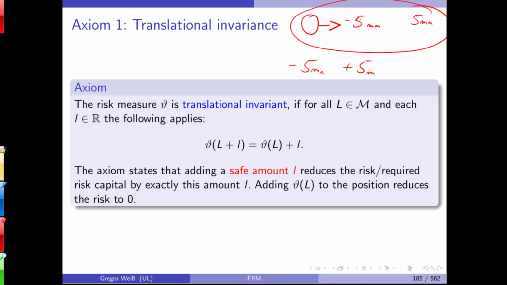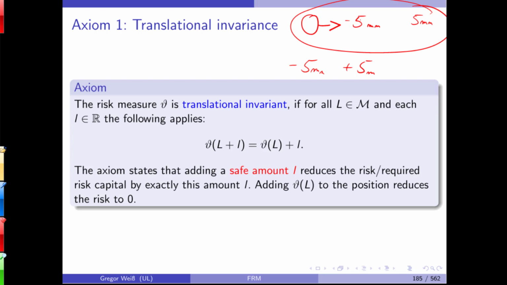What does it mean? Translational invariance means, generally in mathematics, if you have an object and you move it in space, simply by moving it will not change its form, its structure. This is weird. One would think, why, if I move something, why would it change its form? You have to think a little bit out of the box. Here we have a random variable.